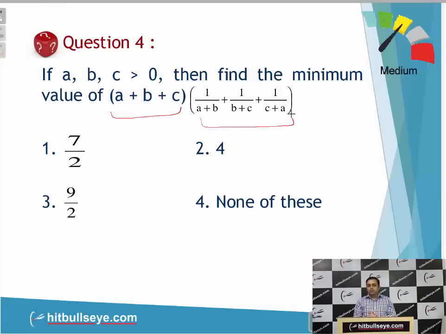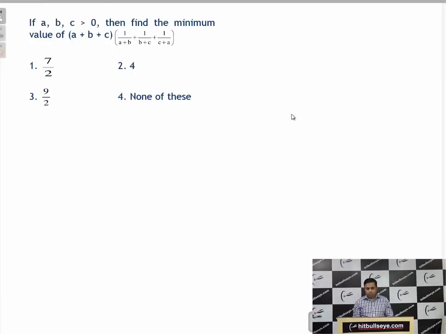Now in such questions what we generally do, we will apply arithmetic mean greater than or equal to geometric mean on both the expressions independently and then we will multiply both of these expressions. Now here first of all we have arithmetic mean greater than or equal to geometric mean, and I am applying this result on the first expression 1 over a plus b plus 1 over b plus c plus 1 over c plus a.